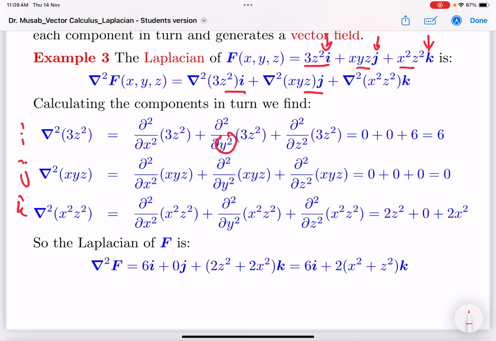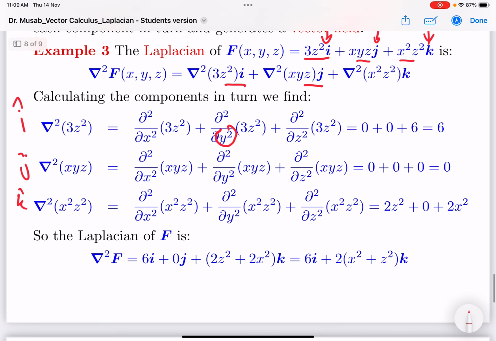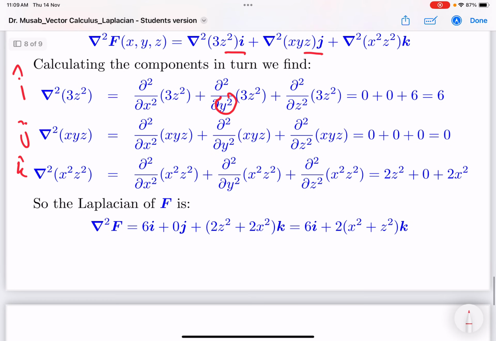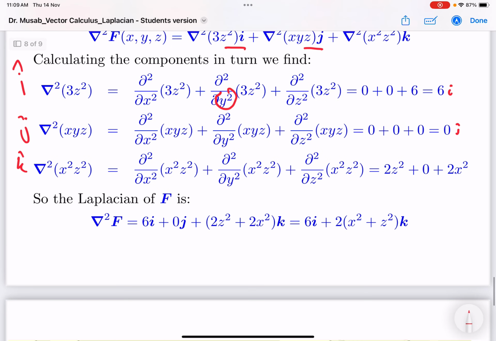Every single component we do Laplacian, then combine all together. 6 for I, J, and this is for K. So K is the combination of x, y, z.